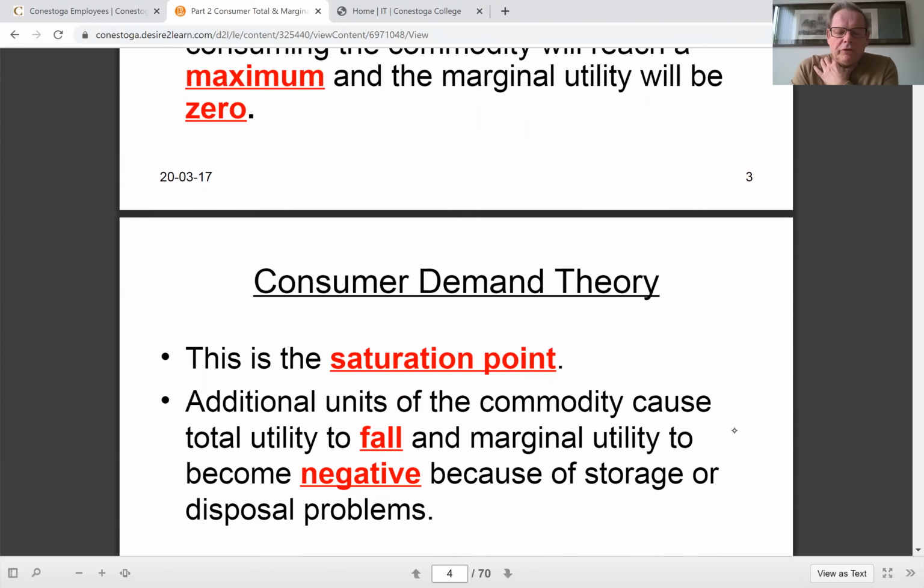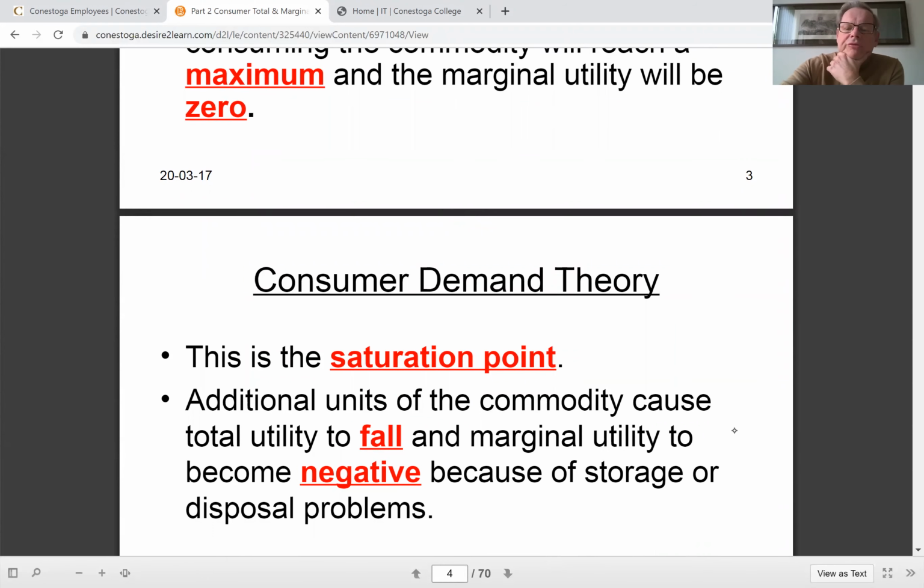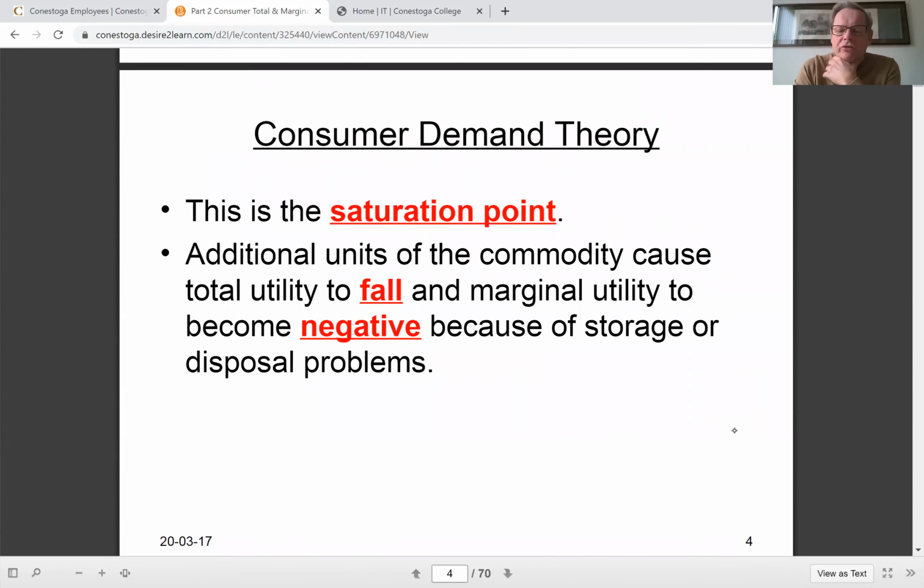That point is called the saturation point, and it can come about in several different ways. One of them could be a storage problem or a disposal problem. But the interesting thing at that point is that total utility will start to fall, as you will see in the table and the graphs coming up.